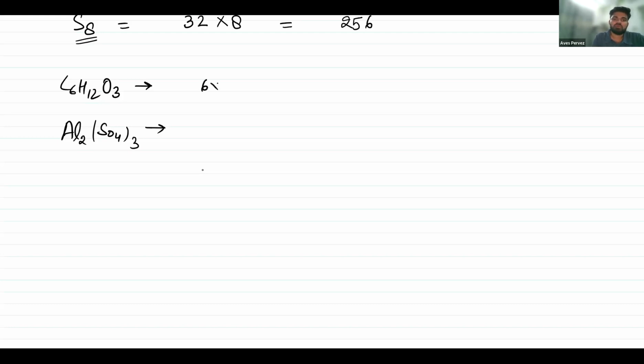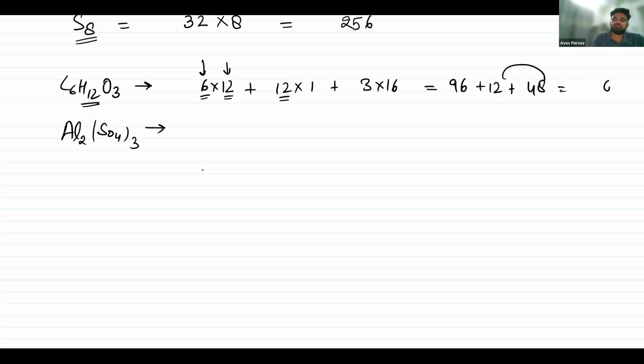6 into 12 plus 12 into 1 for the hydrogen. We are just writing the number of atoms and their atomic mass. So 6 into 12, then 12 into 1, then 6 into 16.